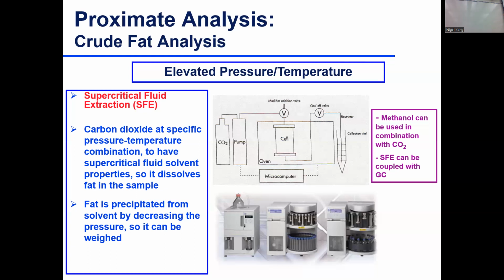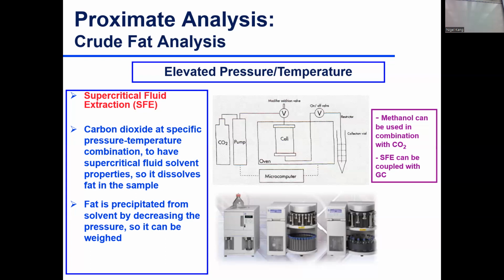And then you have a sample in the sample cell, fluid gets in, it's in contact with your sample for a while, and then after extraction is complete, it comes out and goes to the collection vial or cell.